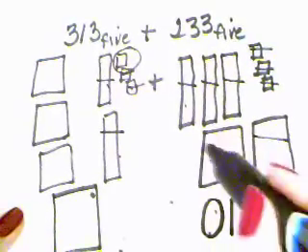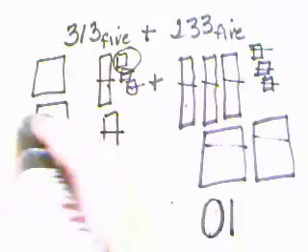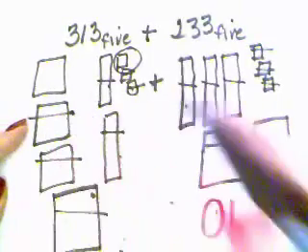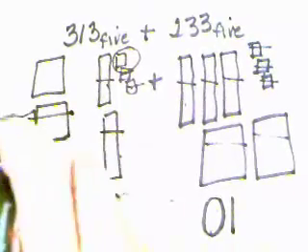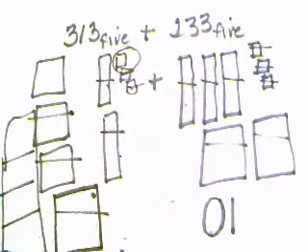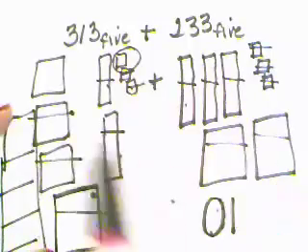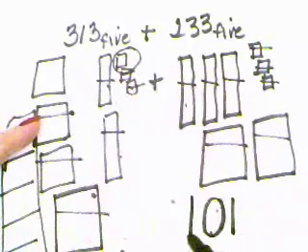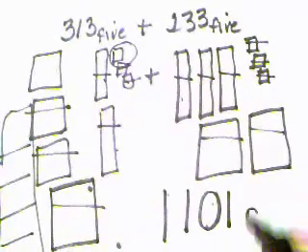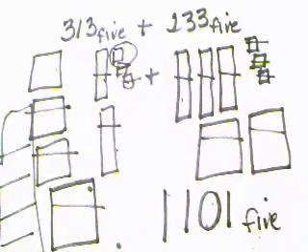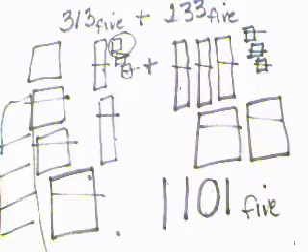Then I have 1, 2, 3, 4, 5 flats. That makes a long flat, and I have 1 flat left over, and I have 1 long flat, base 5.